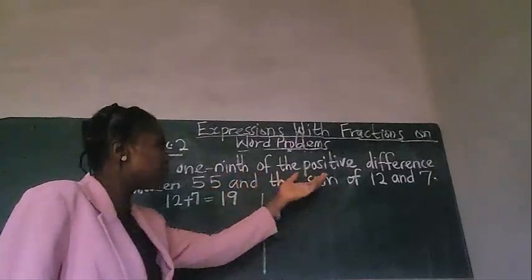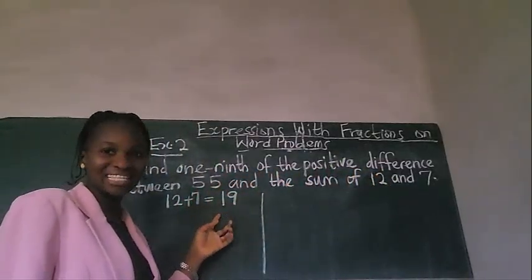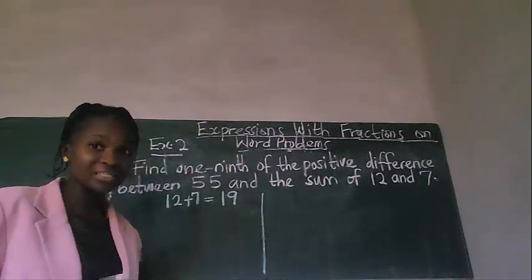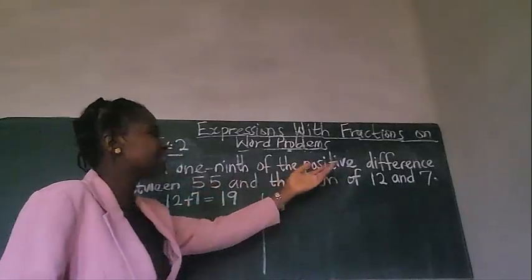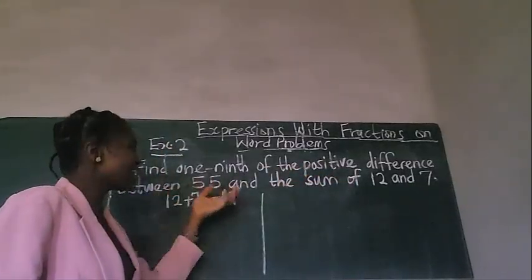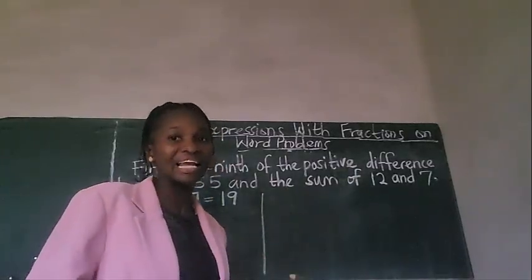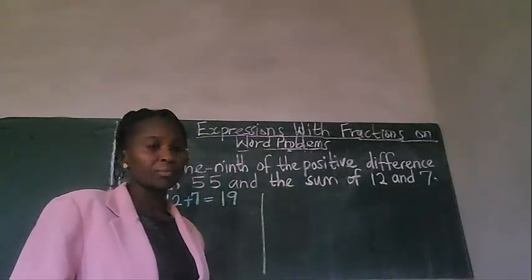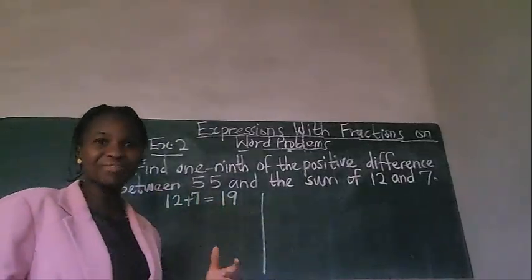You need to solve for the positive difference between 55 and 19, because the sum of 12 and 7 is 19.